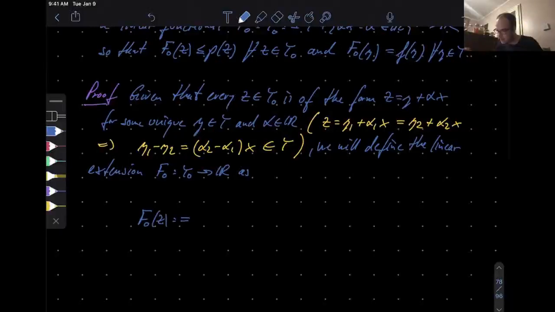So for z an element here, y plus alpha x, I will just define it as f of y plus alpha f0 of x.